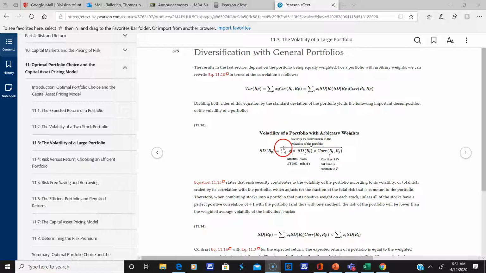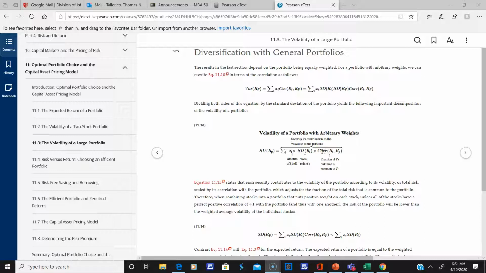And you can see if the correlation is basically negative, what will happen is you see there's a sum here. So the risk tends to be lower because of this correlation.